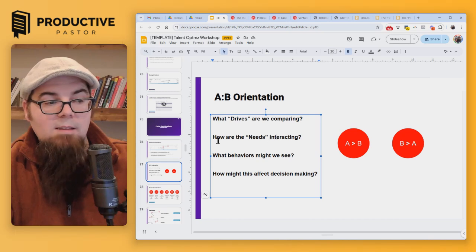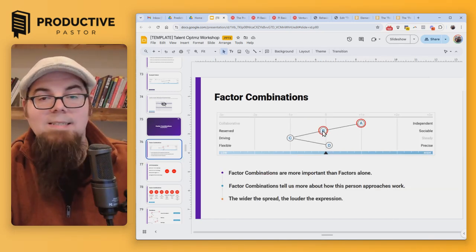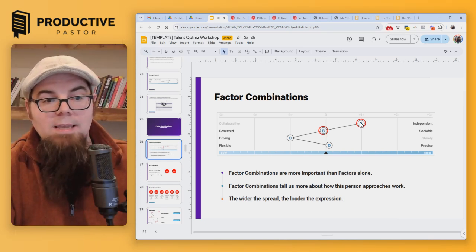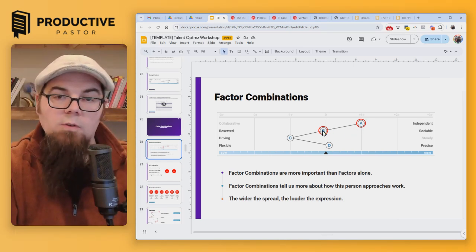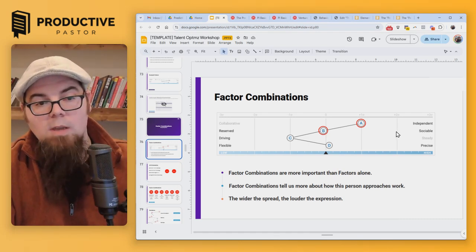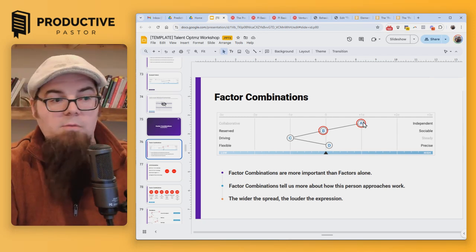And so what this will tell us is that this profile is what we would call a task-oriented profile, because the drive for impact, the drive to get things done, will always win over the drive to interact with people. If this were the opposite, if the B was way over here and the B was stronger than the A, then this would be a people-oriented profile.